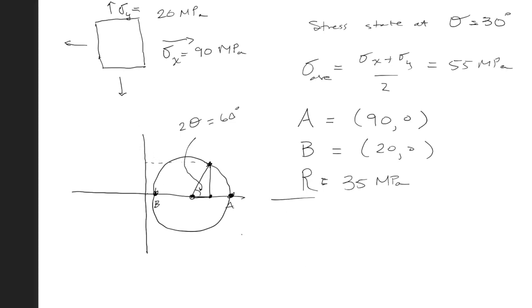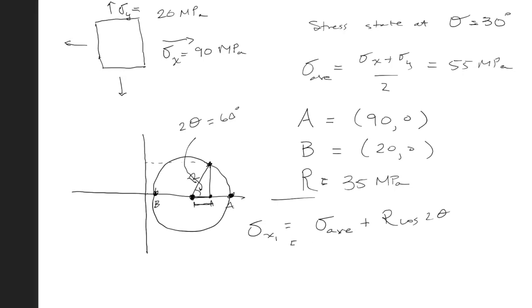Okay, so sigma x1 is nothing more than sigma average plus r cosine of 2 theta. Right? So we go to sigma average, which is the center, and then we want to get the length of this side of the triangle, which is r. This is r. So it's r cosine of 2 theta that gives me this length right here.